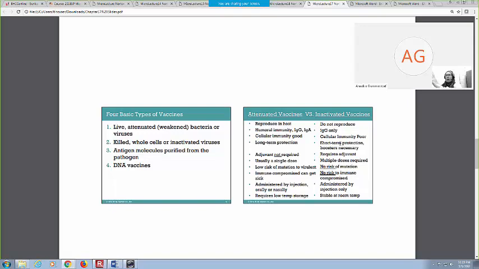So the memory may wane after a while, and then you get a booster, and then it's up again and wanes and up again. And then we've figured out for various pathogens how many boosters we need until we get that lifelong immunity. But multiple doses will definitely be required for an inactivated form of a pathogen. The good news is we can use it in those people who are immunocompromised, the very young, the very old.